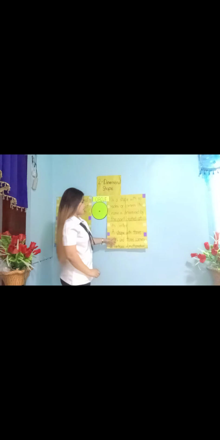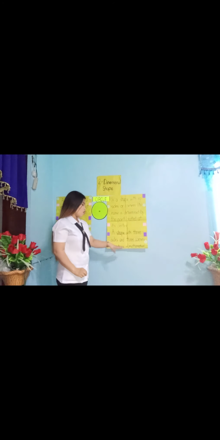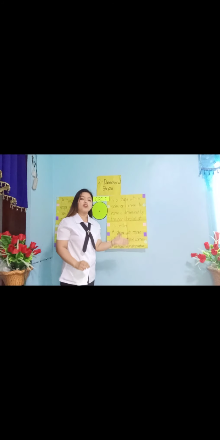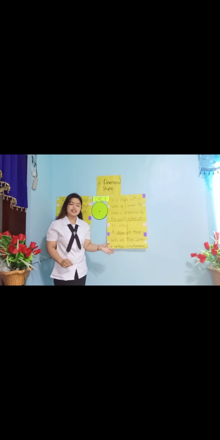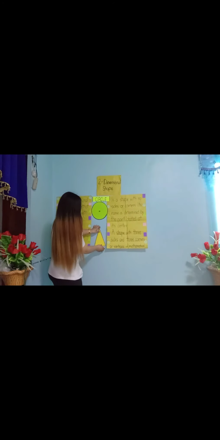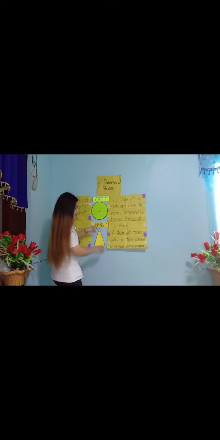The next is a shape with three sides and three corners, or vertices in mathematical terms. So this is a triangle. The second shape is the triangle.